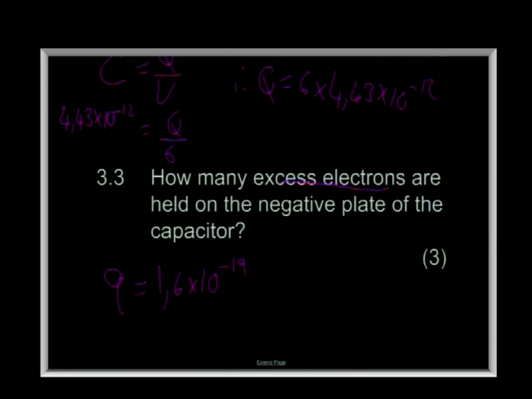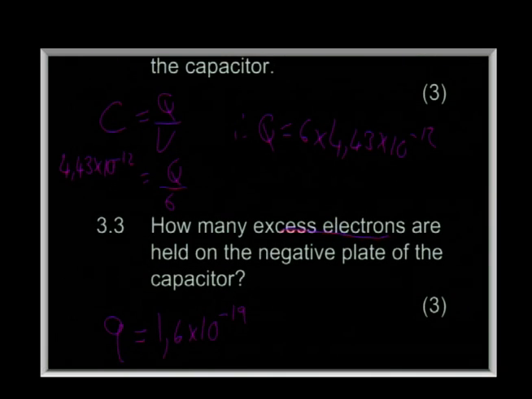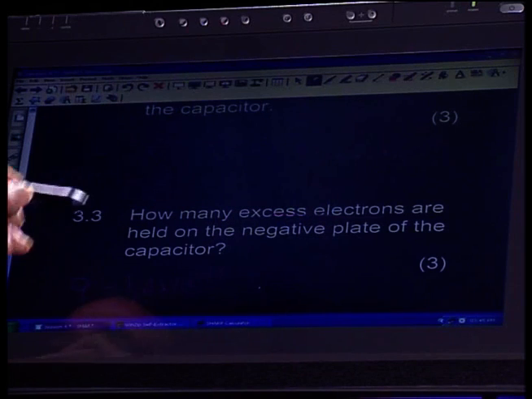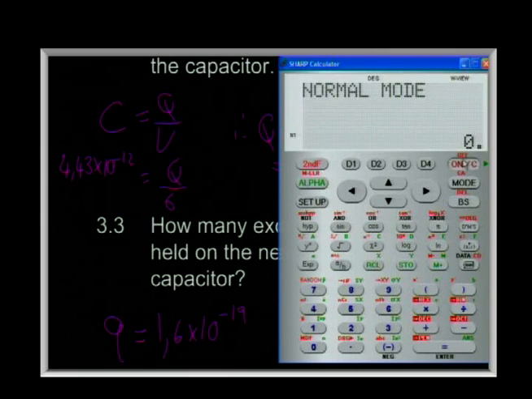So if we now take the value of the charge that we've got there, and if you then have worked that out, that was multiplied through, let's just do that on the calculator. Clear this one and make sure that we've got it.